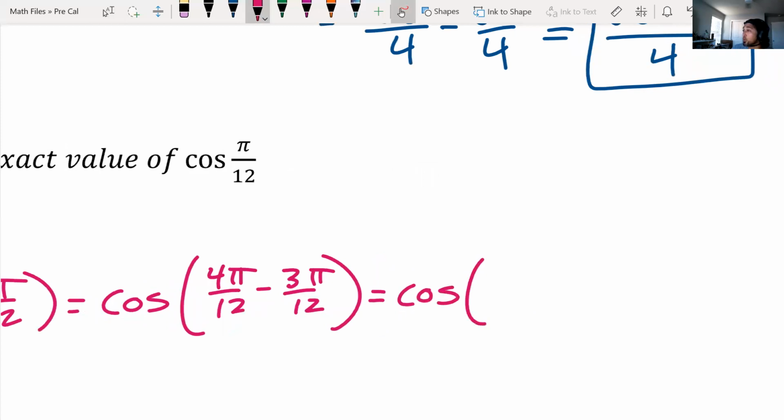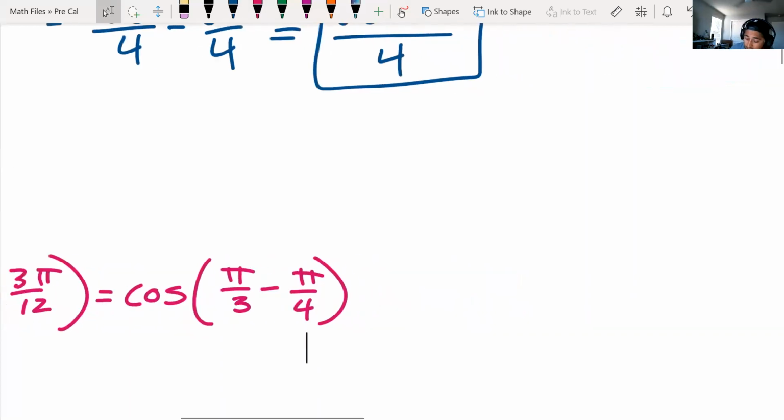Now reduce them. What does 4 pi over 12 reduce to? Pi over 3. And what does 3 pi over 12 reduce to? Pi over 4. Are those radian values on your unit circle? Yes. Whoa, crazy, right? All right. And now we're going to use the difference formula for cosine.